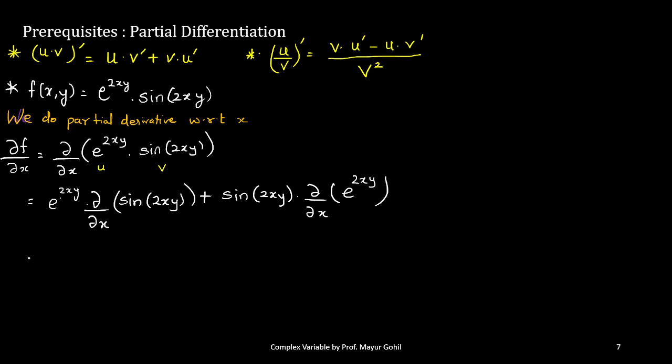Now we will go for the partial derivatives. So for e to the power 2xy sine 2xy, the derivative of sine is going to be cosine. Okay, sine gives cosine of 2xy. Now we will have to do the further derivative also, because here one very important rule comes into the picture, which is called the chain rule.